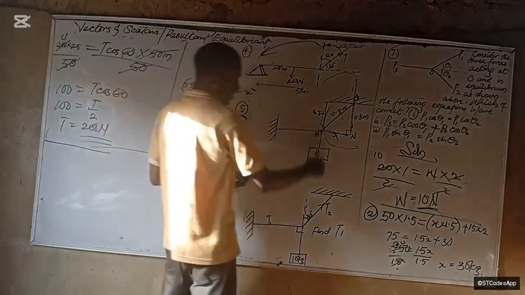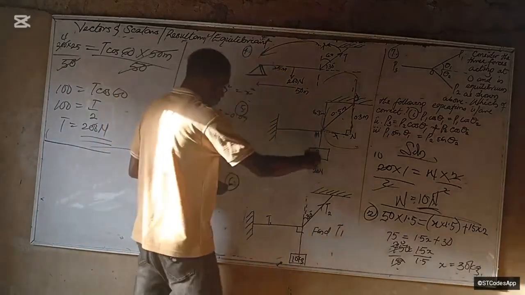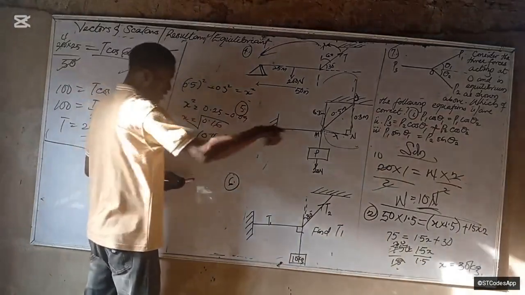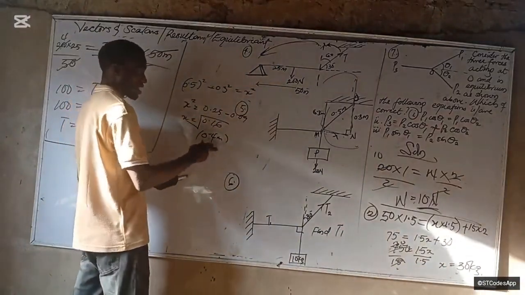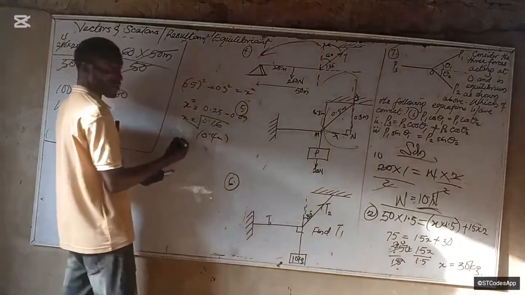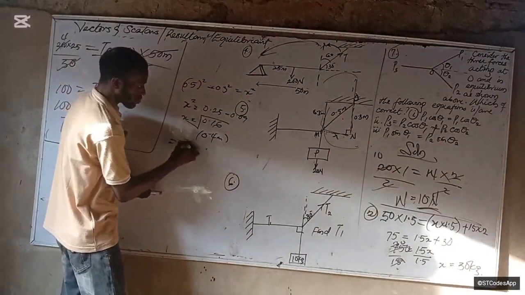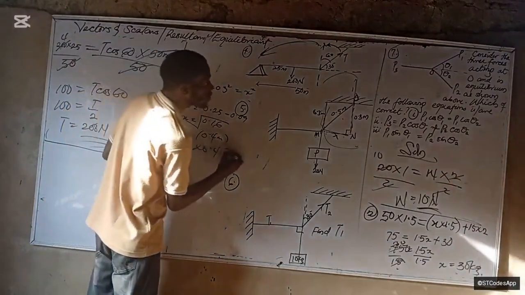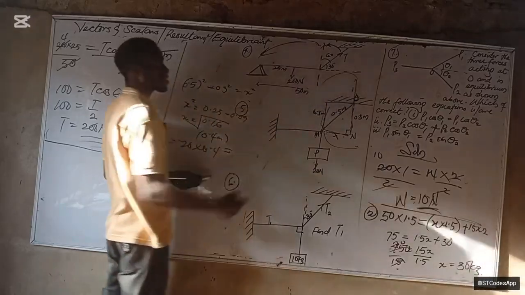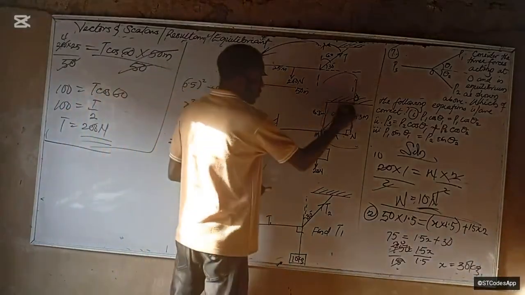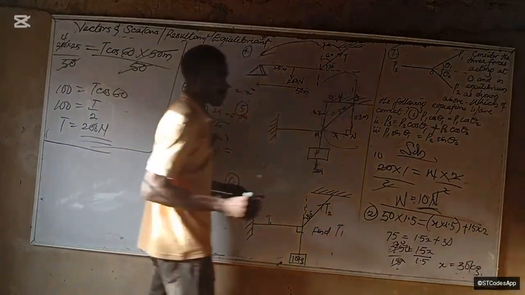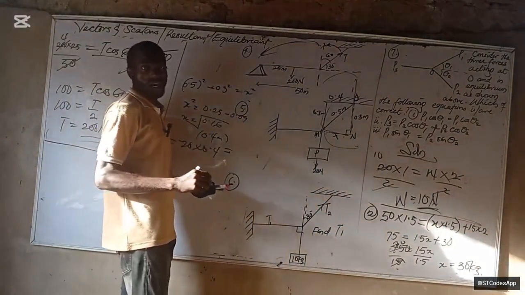So by the time you take the moment of the couple about that end, it is going to be 0.4 meters times this force. So that will be P, which is 20, times 0.4, and the difference here also will be what? 0.4. Is it clear? Are you sure?